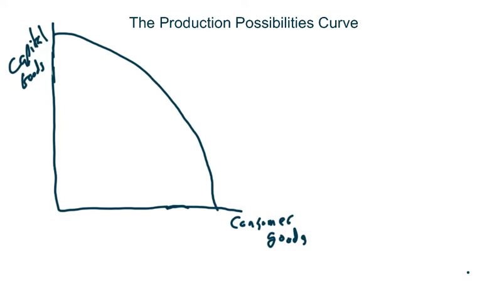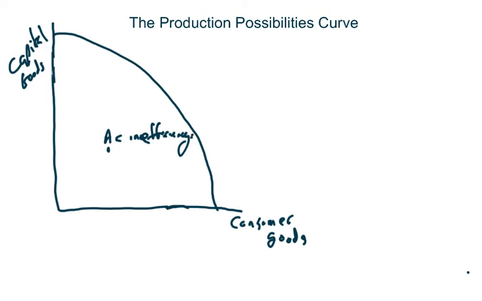All right, so how do we read this graph? This graph is really easy to read and understand. First of all, let's say we had a point A inside the curve. This point, or any point anywhere inside the curve, equals inefficiency. And what does inefficiency mean?